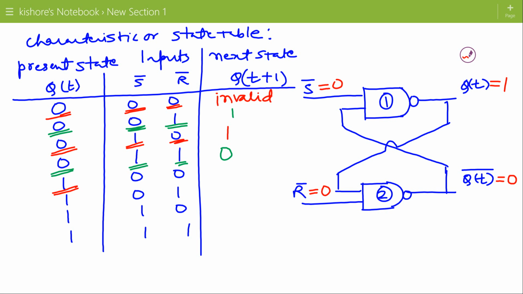Again, one of the inputs for the NAND gate is 0, so the output has to be 1. So QT plus 1 is 1 and QT plus 1 bar is also 1, which is an invalid state. So again we will get an invalid state when both inputs are 0 0.